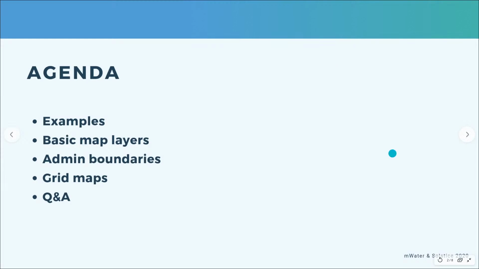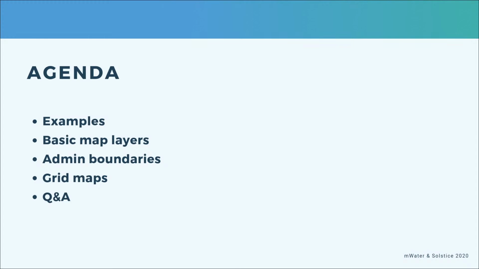Today we will cover a set of examples of how people are already using maps in mWater. And we will look at how to establish basic map layers, meaning how to map your site infrastructure information and also how to map your survey information, any data that you collect.